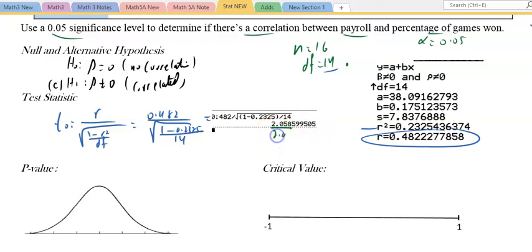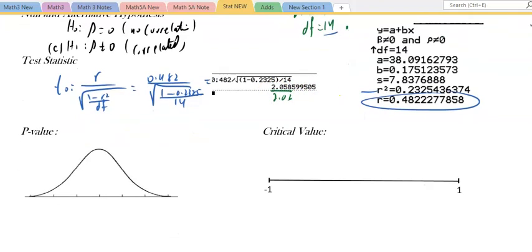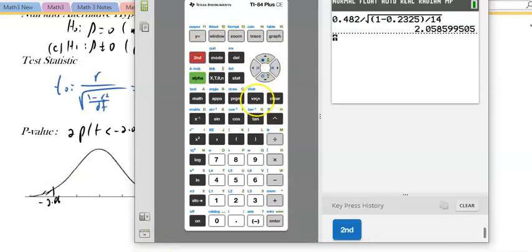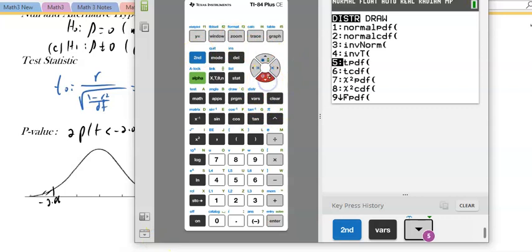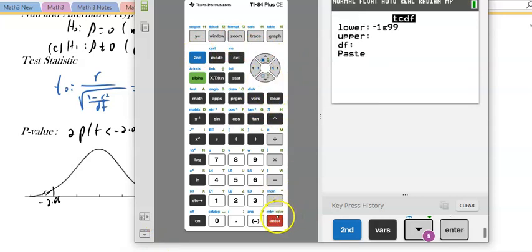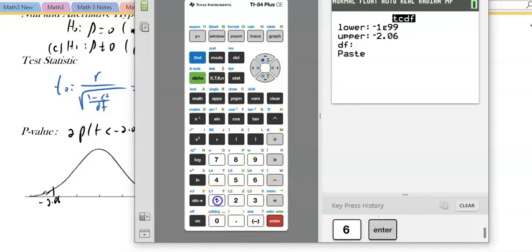Very good. Okay, now let's do the p-value. The p-value is going to be two-sided: twice the probability that t is less than negative 2.06. Distribution, tcdf, negative 2.06. Degrees of freedom we said was 14, correct.